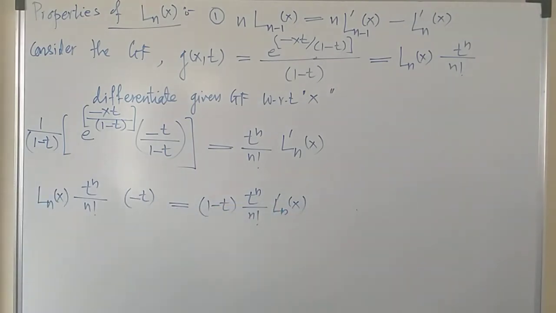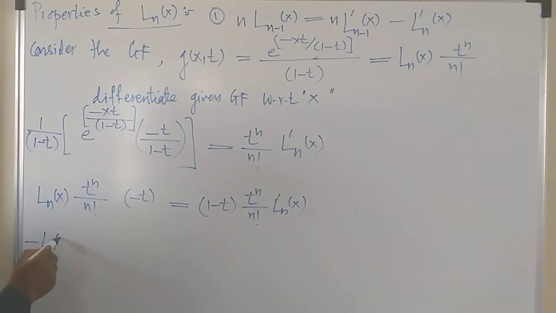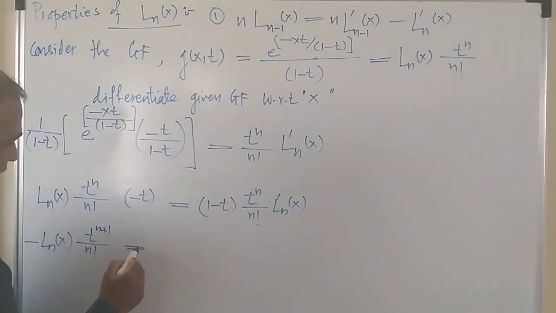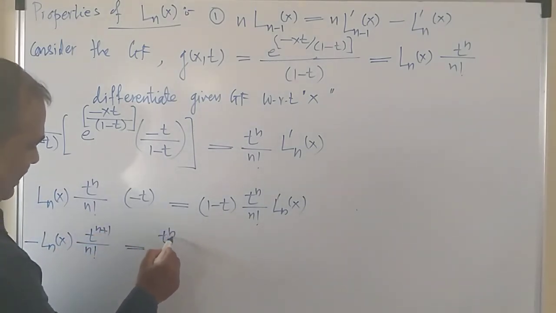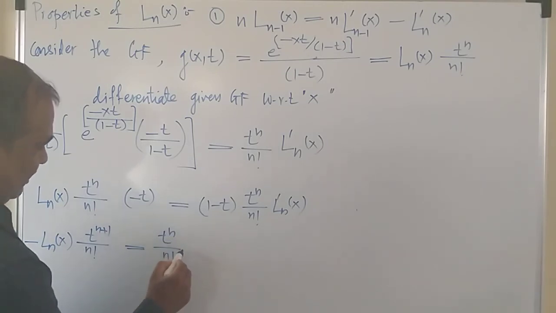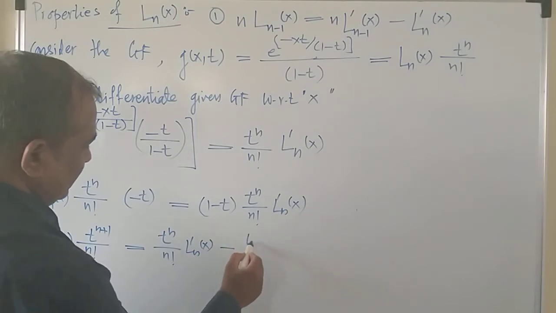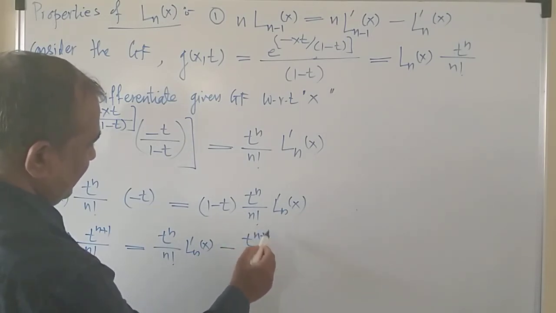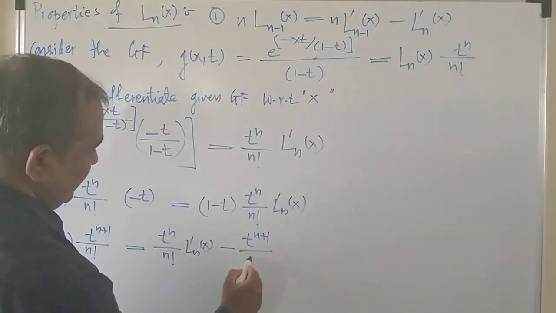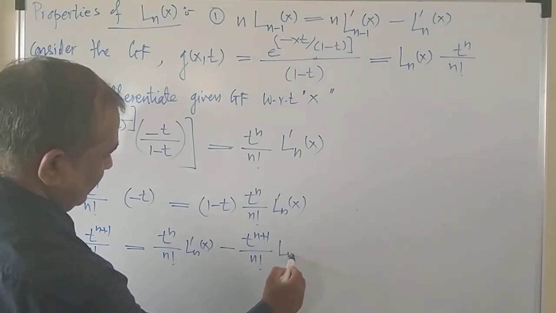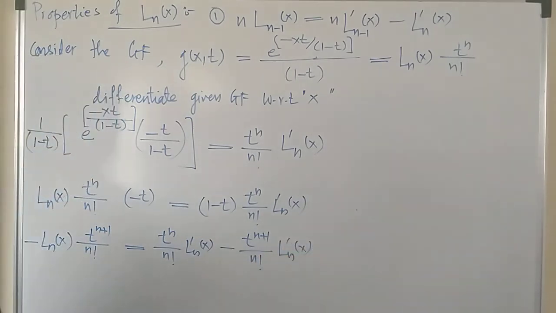So we get minus Ln(x) into t raised to n plus 1 divided by n factorial, and this is equal to t raised to n upon n factorial into Ln dash of x minus t raised to n plus 1 divided by n factorial into Ln dash of x.